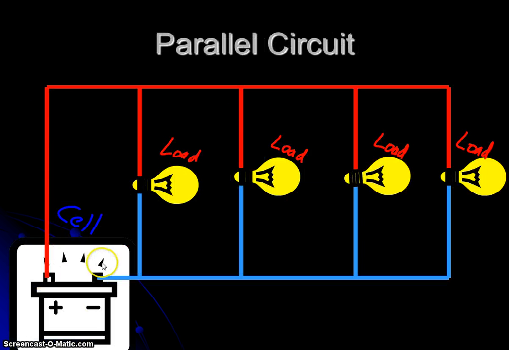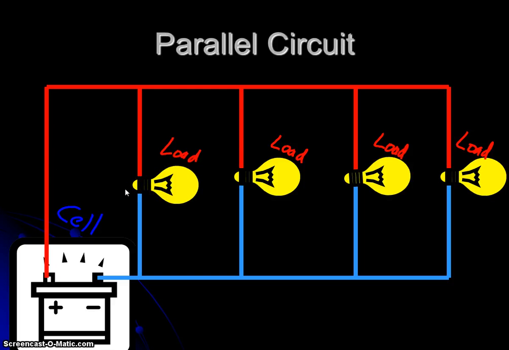You can clearly see with all these different branches, there are multiple paths for these electrons to take. So they can go here or here or here or here, and they're going along there, right? And if this circuit is broken right here, then all these will still work. This one is the only one that has a problem.